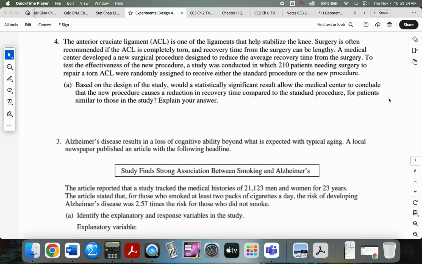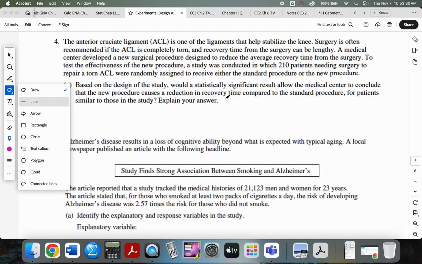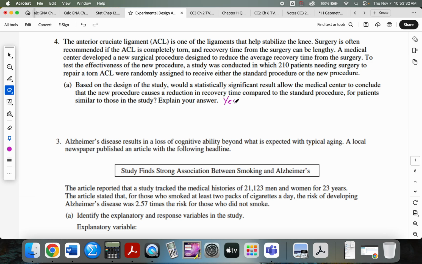So what do you think? So yeah, the short answer is yes. So just to remind myself, statistically significant means that it's too much of a difference to just happen by chance. Correct. So that means that whatever we were doing to try to improve the recovery time.